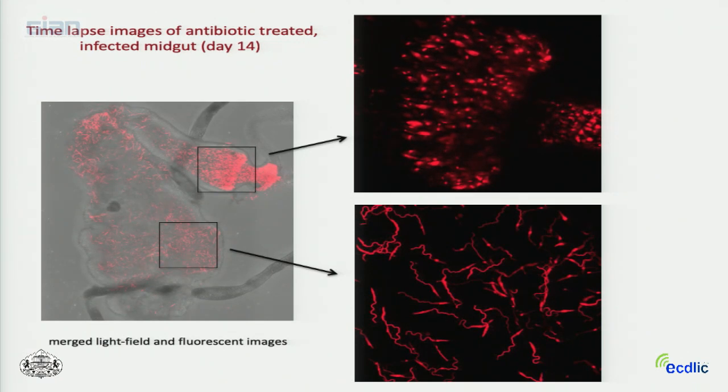Now, we also presume the bacteria could be providing essential nutrients for parasite development, but we were unable to conclusively show that. So there may well be other contributions of the normal midgut microbiota to Leishmania development.